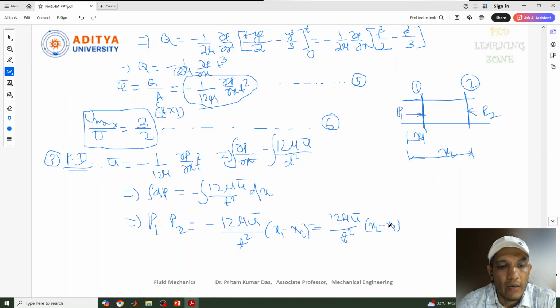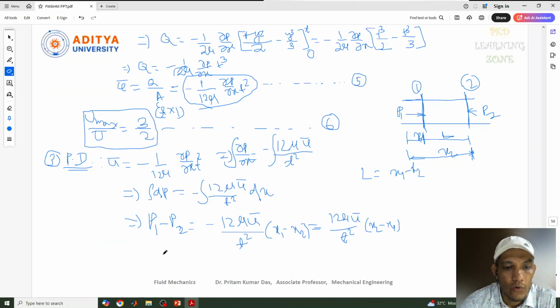So this is the pressure difference value P1 minus P2, and we know that x1 minus x2 equals L, I can write. Okay, now you can see where I'm giving the L, where I'm giving this x1 value. As I told you, this is the x1 value I can write here. And this is actually the total length. Here you can also consider x2, and the length between these two sections is L. So L I can write as x1 minus x2.